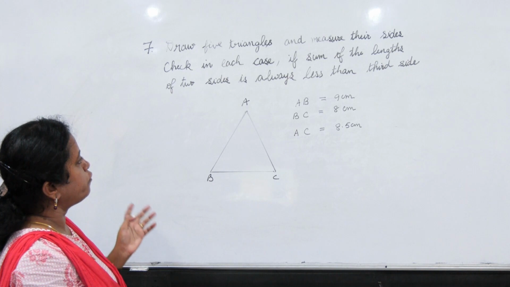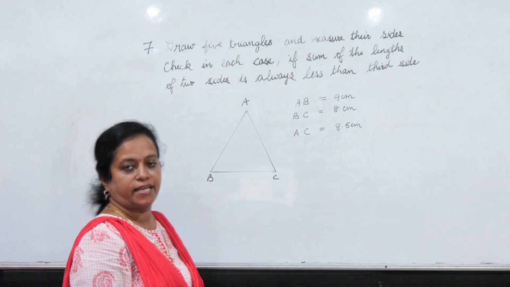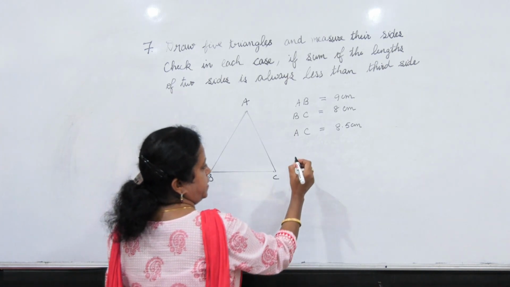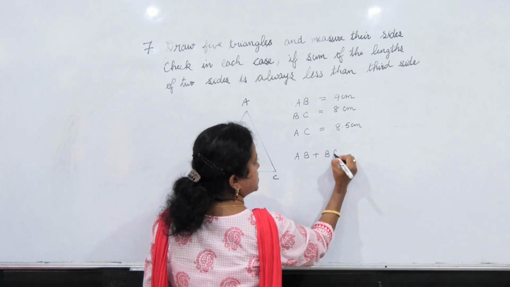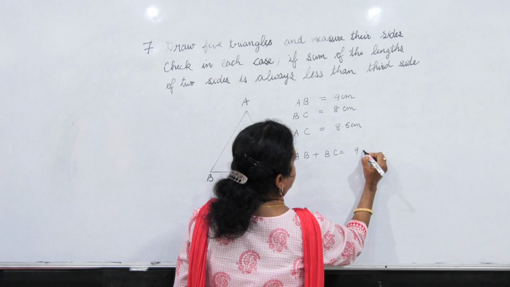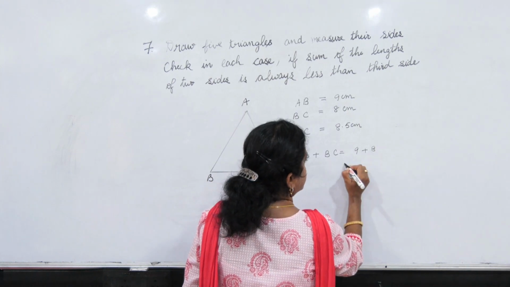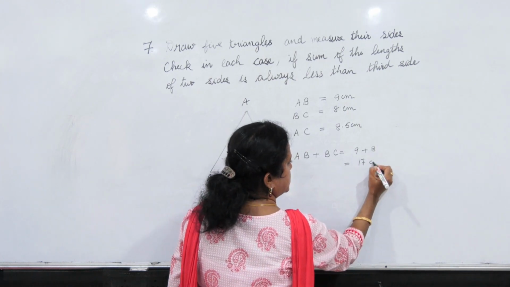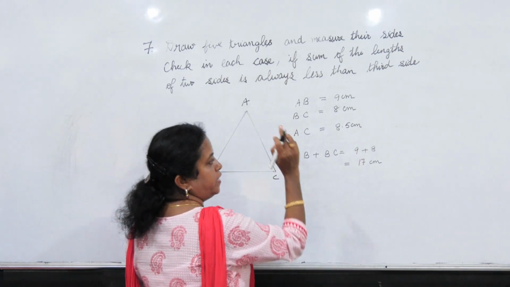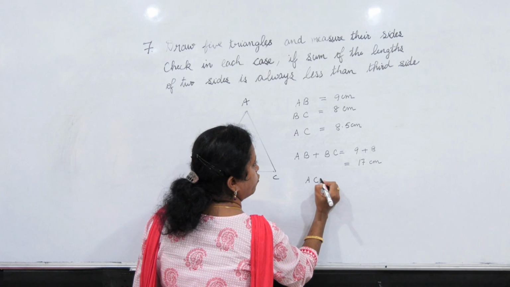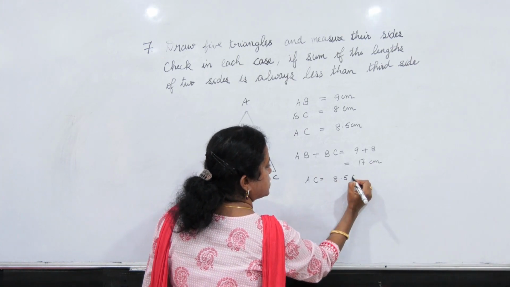Now you have to check what is asked: whether the sum of the lengths of 2 sides is less than the third side. You can take any 2 sides, that is AB plus BC. Let us add and see. That is 9 plus 8, that is 17 centimeter. Now what is the third side? The third side here is AC, which is of length 8.5 centimeter.